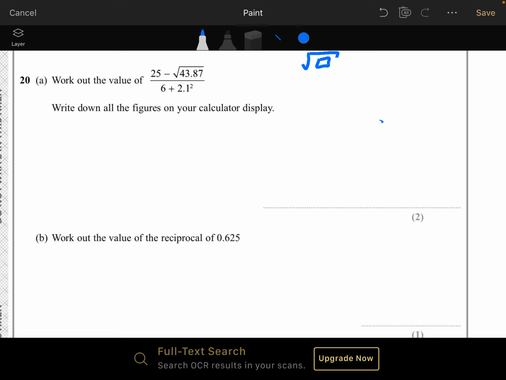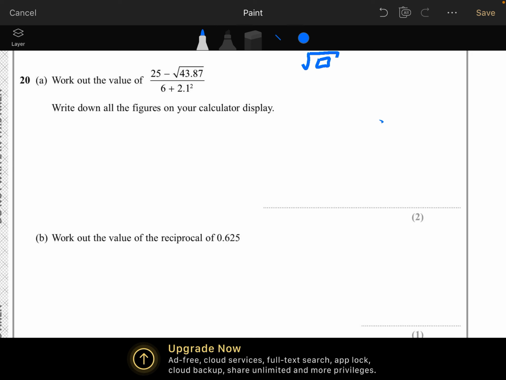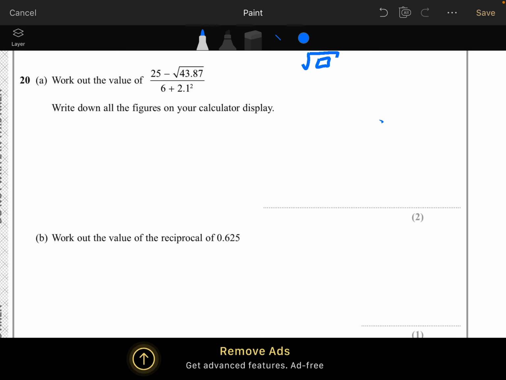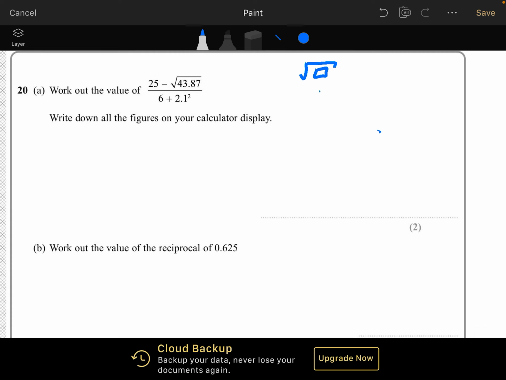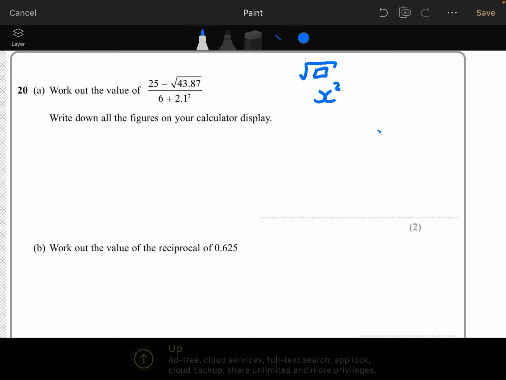So I use the navigate buttons, the top and middle, and I go to the bottom so I can see the cursor flashing at the bottom. Now I'm going to type in 6 plus, and then 2.1, and then I'm looking for the x squared button, which looks like that. Then it should look as it does in the question.